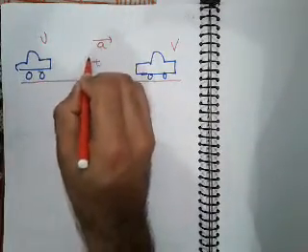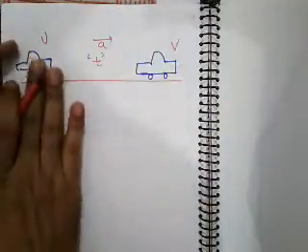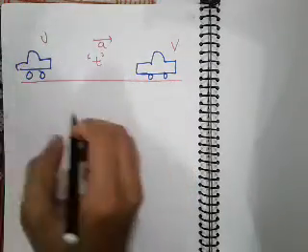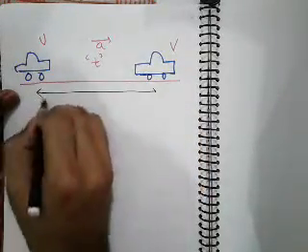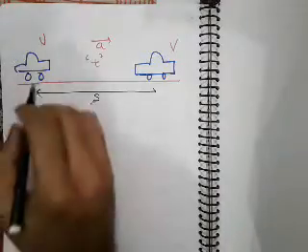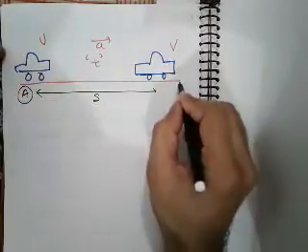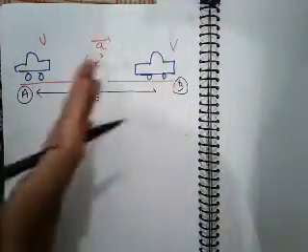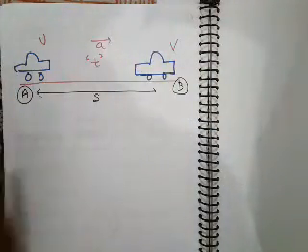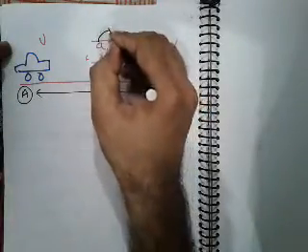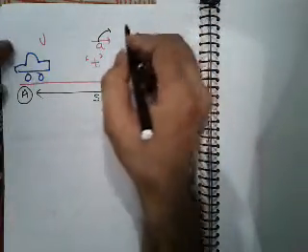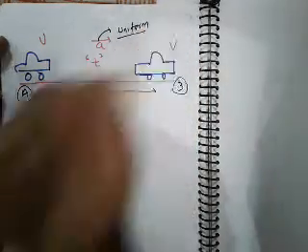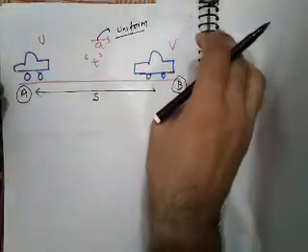The time taken by the car to change its velocity from u to v is t, and it travels a displacement s from the initial point A to the final point B. You can assume this type of situation. Acceleration must be uniform. This is a limitation of the equations of motion: the acceleration of the body must be uniform, otherwise the equations of motion are not valid.